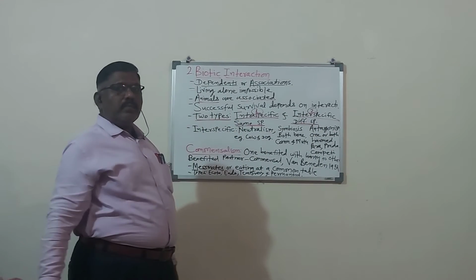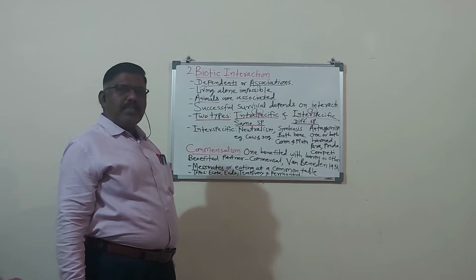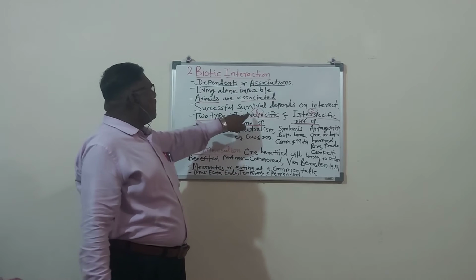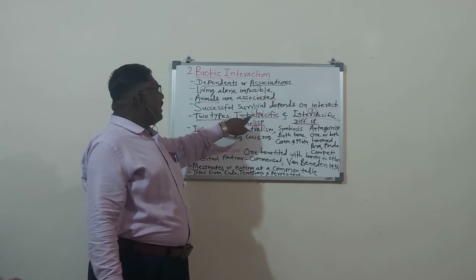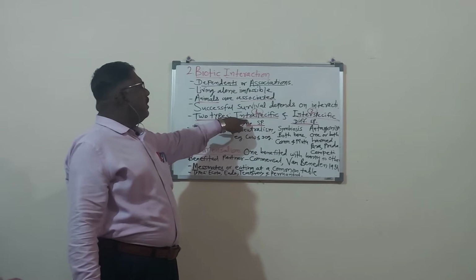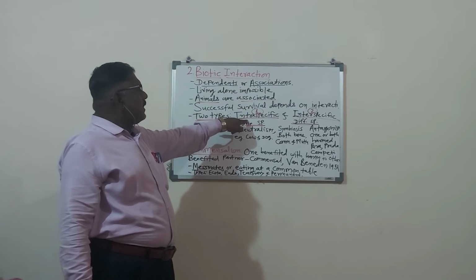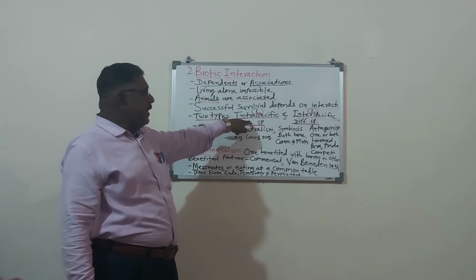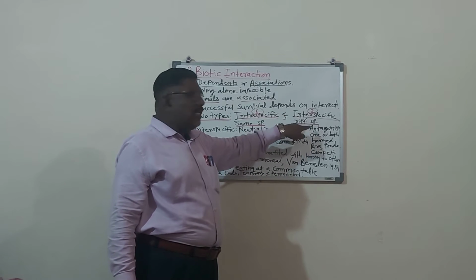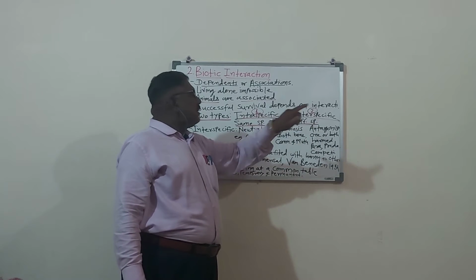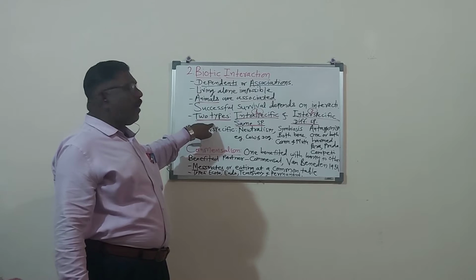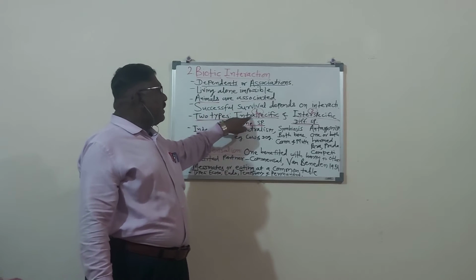So you have to make your own definition of interspecific interaction. Interaction between similar or same species is called intraspecific biotic interaction, and interaction between different species or different animals is called interspecific interaction. So there are two types of biotic interaction: intraspecific and interspecific.